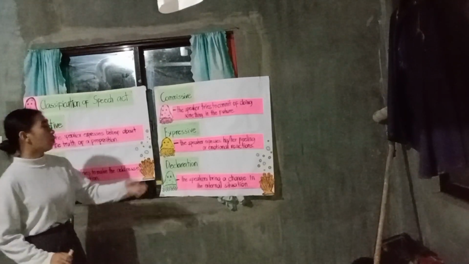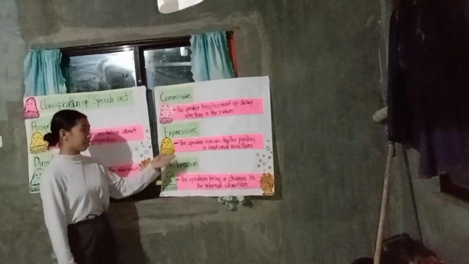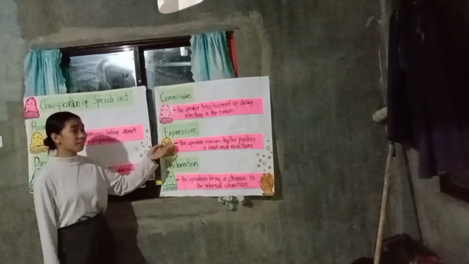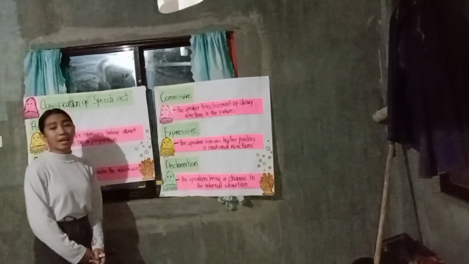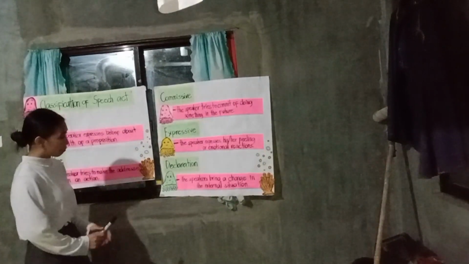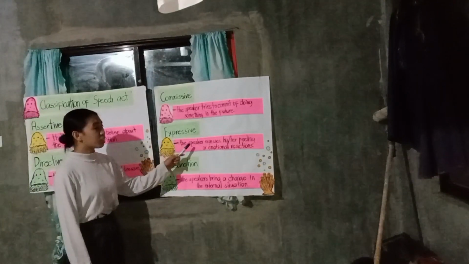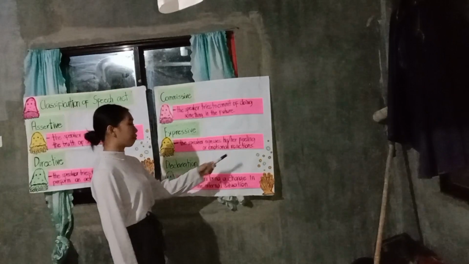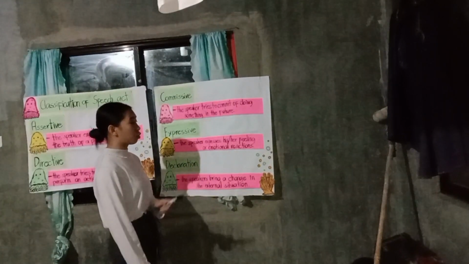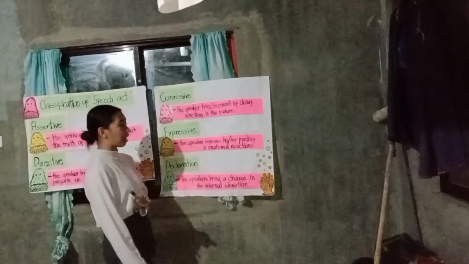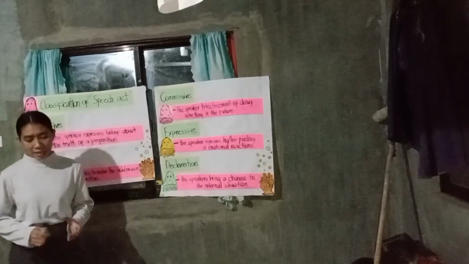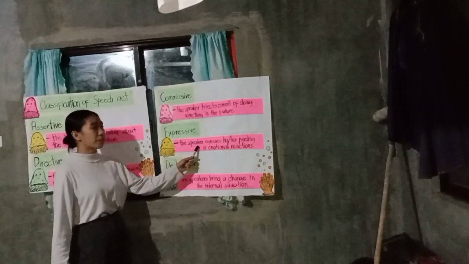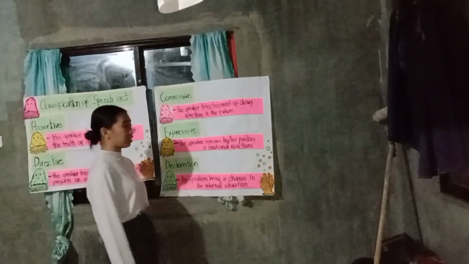Okay, let's proceed. The fourth, number 4, is expressive. Again, read it with me. Expressive: the speaker expresses his or her feelings or emotional reaction. Based on our definition, the speaker expresses his or her feelings.